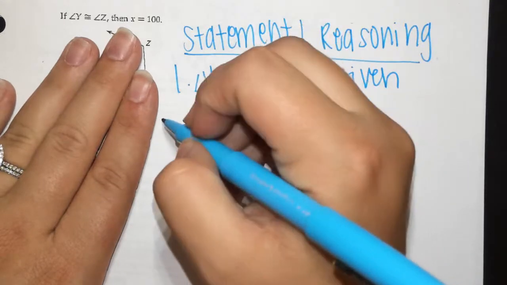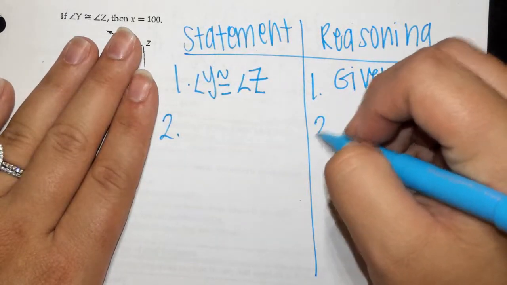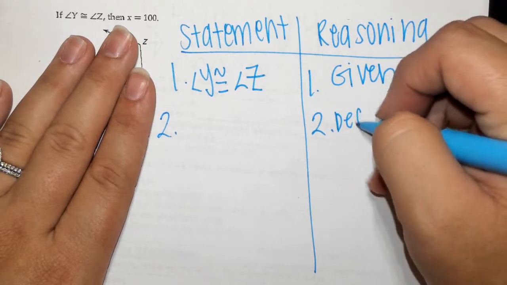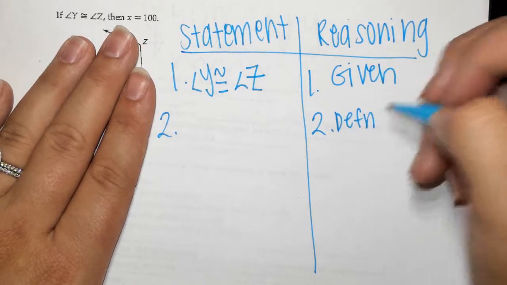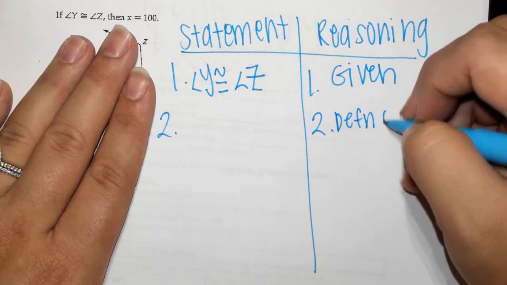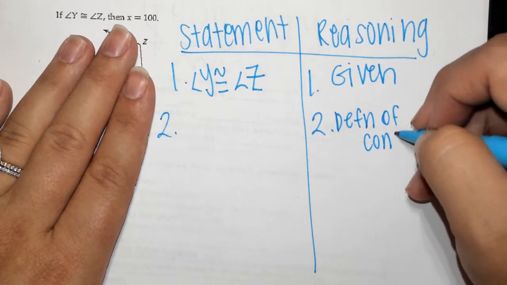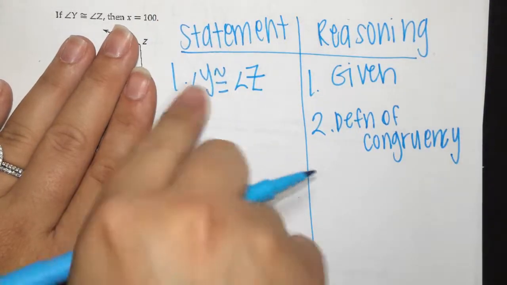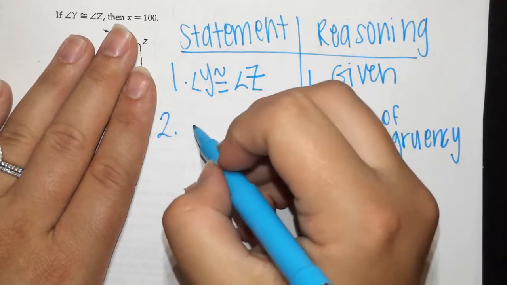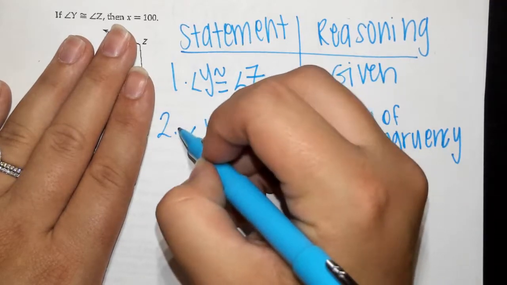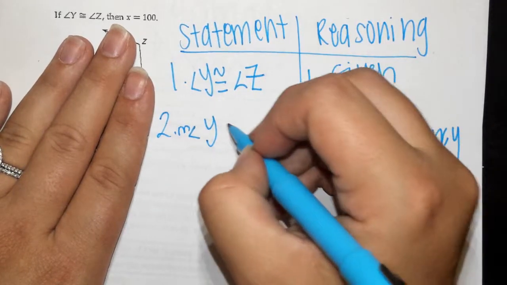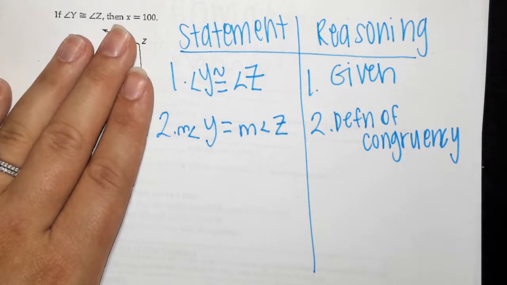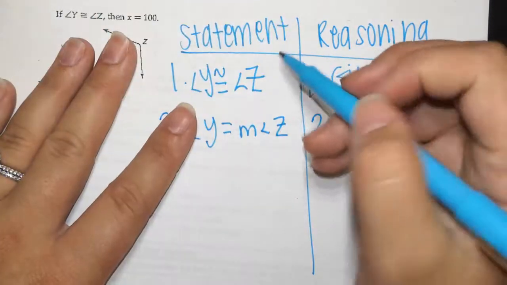Now there's this thing, and I know we haven't covered this yet, so this is new. It's called the definition. I use DEFN for definition in proofs. Definition of congruency. That means when you see that something is congruent, you are allowed to say that the measure of angle Y is equal to the measure of angle Z. So you can't just skip this step.